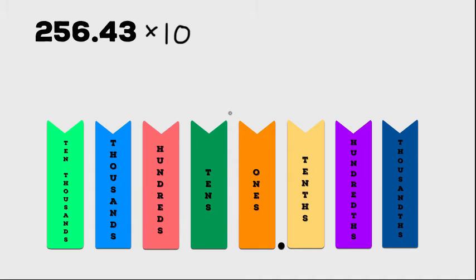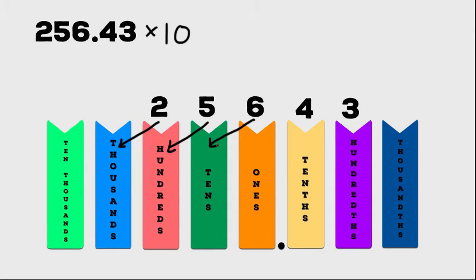So if we bring back our place value chart and we say, well, it's going to be multiplied by 10, what's going to happen is that these numbers are going to shift over, because if we think about this, this 2 is going to go here, this 5 is going to go here, this 6 is going to go here, this 4 is going to go here, and this 3 is going to go here.